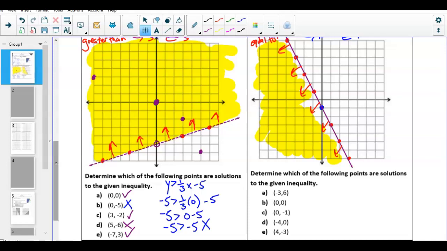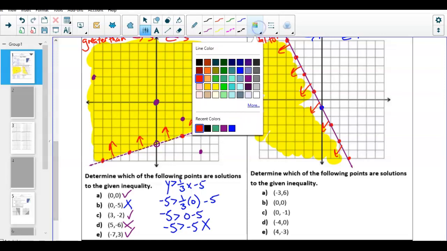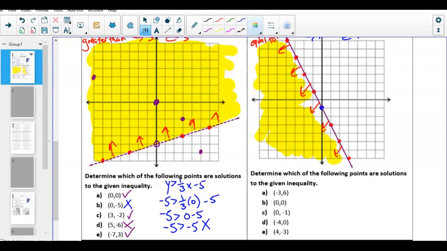So starting off with -3, 6. That point falls outside of what would be the shaded. Remember that all of this should be shaded underneath this line. So that is not.